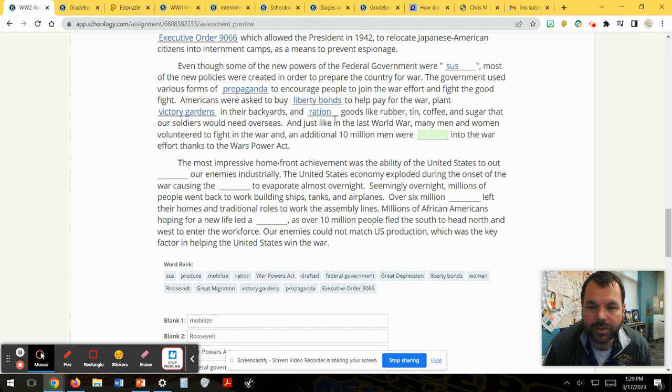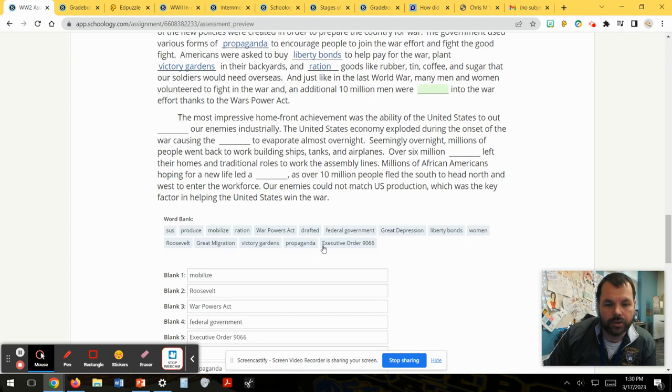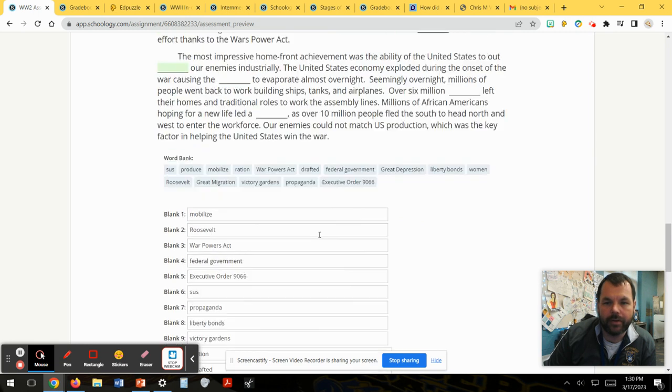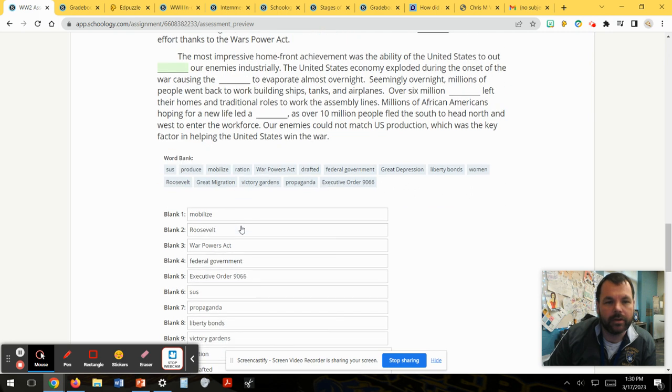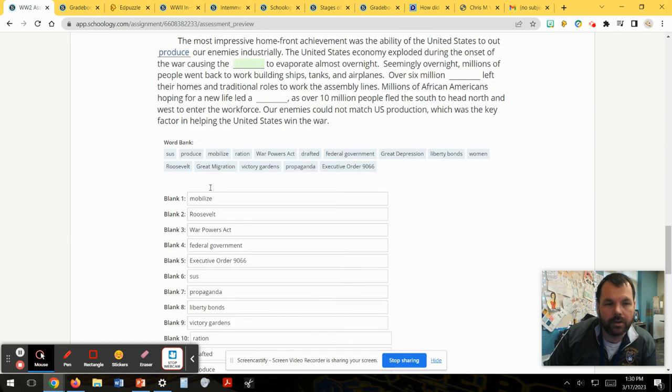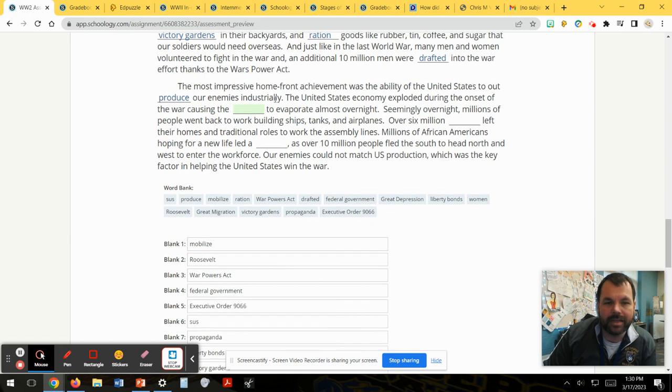Just like in the last World War, many men and women volunteered to fight in the war. An additional 10 million were drafted into the war effort thanks to the War Powers Act. The most impressive home front achievement was the ability of the United States to outproduce our enemies industrially.